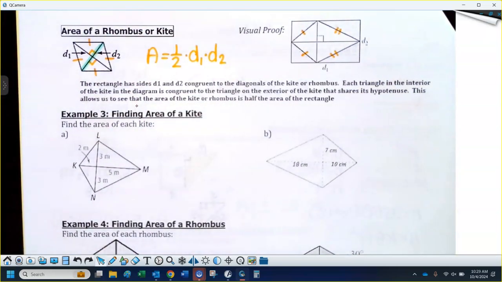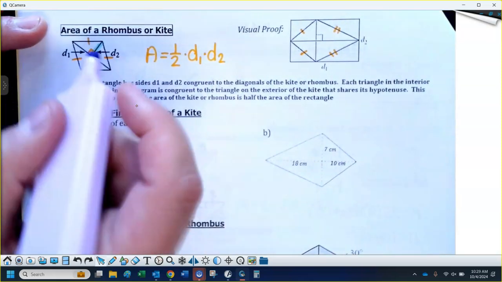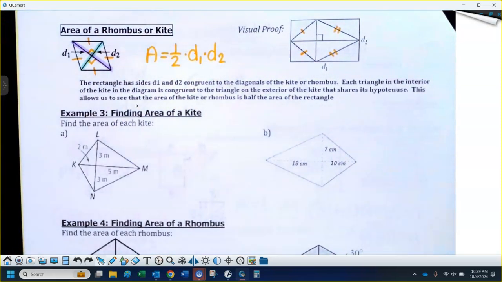A diagonal connects 2 vertices that are not right next to each other. They call them non-consecutive vertices, so the vertices are across from each other when you have a diagonal. So there are my 2 diagonals. If I can find those 2 segments, then I can just multiply them together and cut it in half.